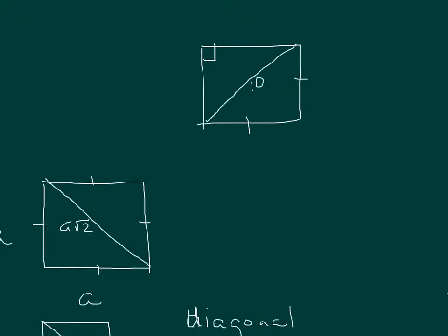Can we find the lengths of the sides? Yes. Ken, how would I find the lengths of the sides? You would do 10 equals A times the square root of 2. And then you divide both sides by the square root of 2.